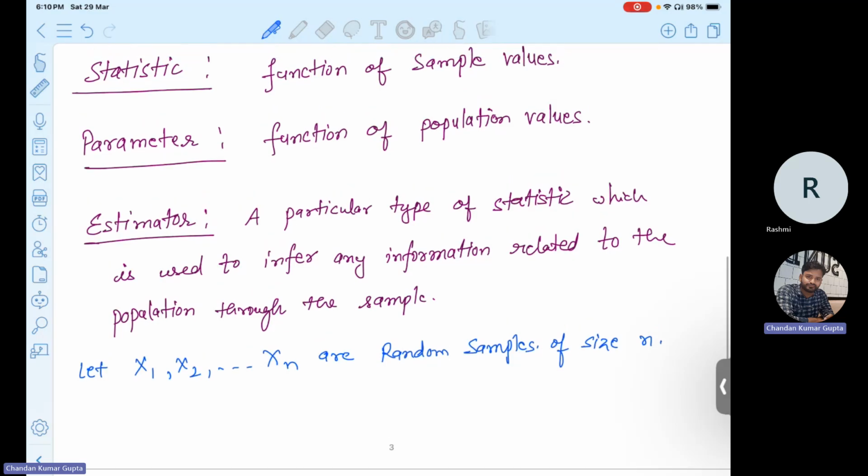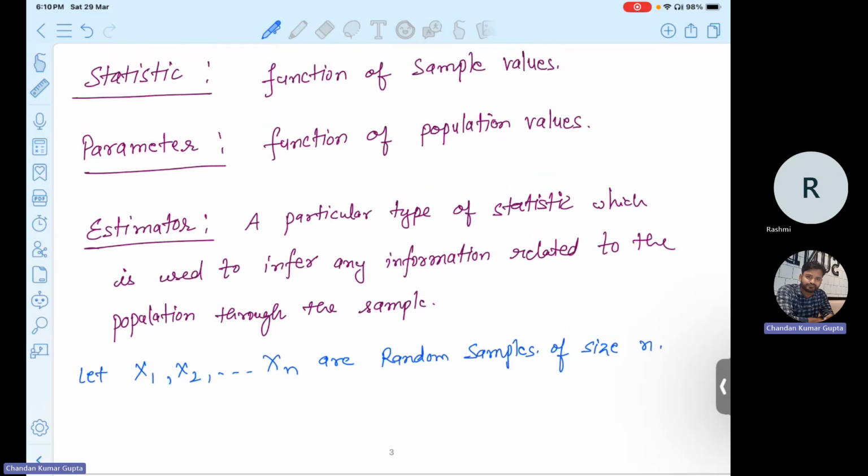Then any functional form which contains these x1, x2, and xn is a statistic. And when we use that statistic to predict or to estimate any parameter or any population value, then that statistic is called an estimator.